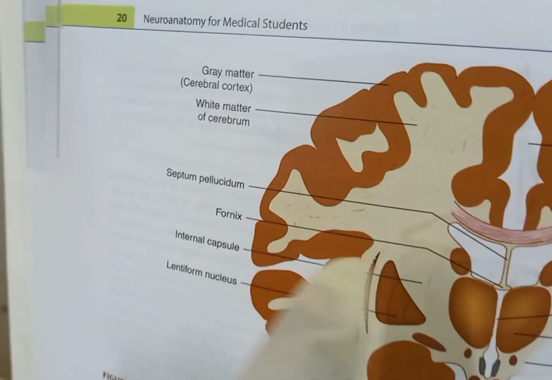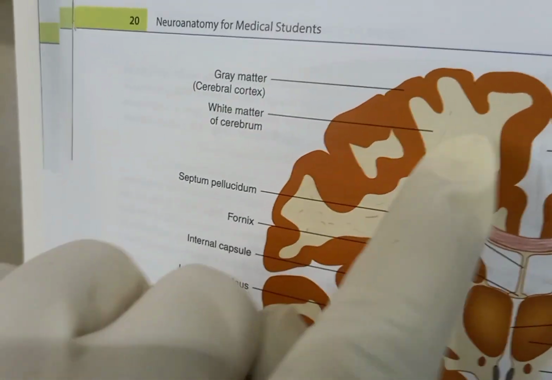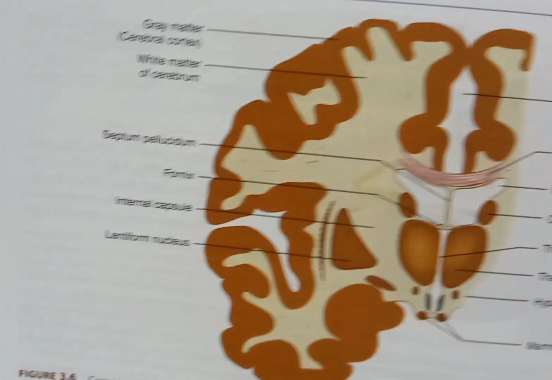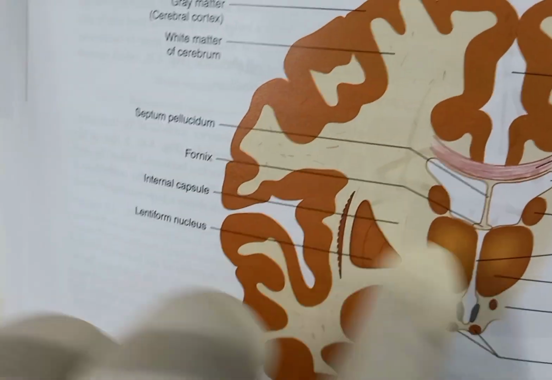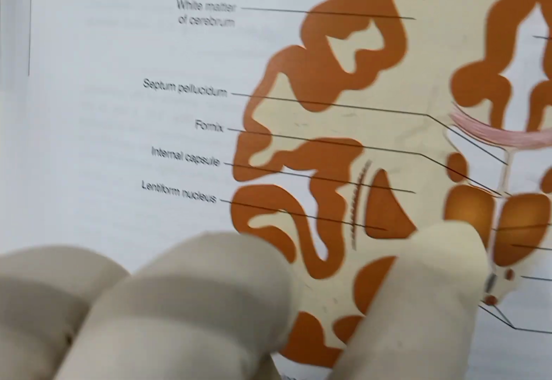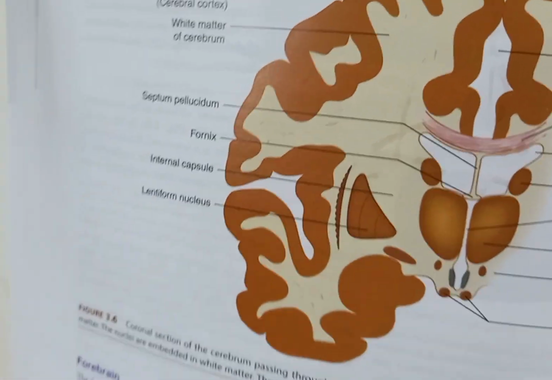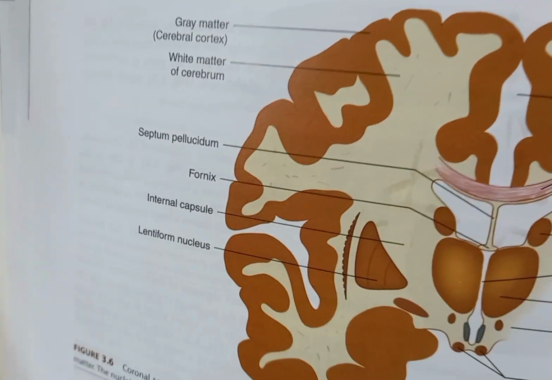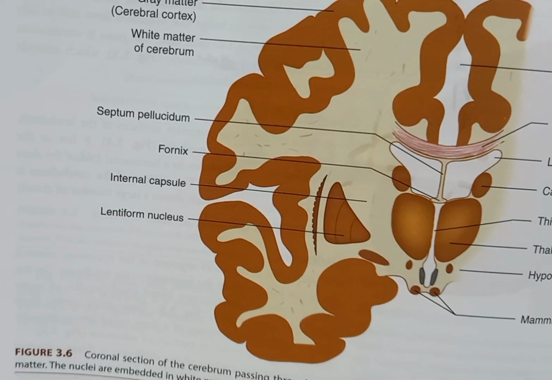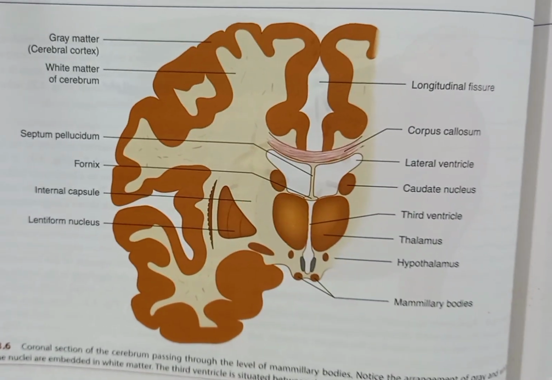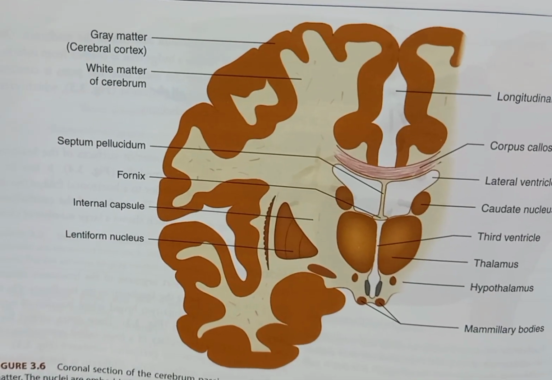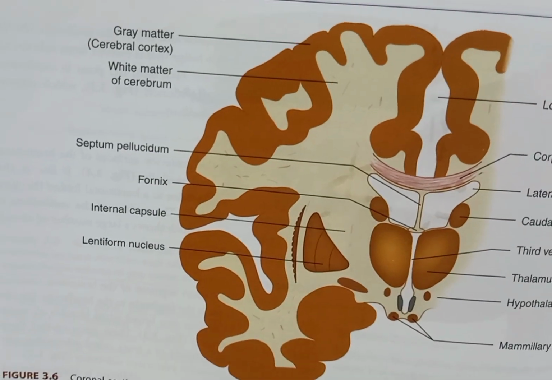This gray matter is here on the surface, which is a collection of neurons, and deep to this cortex is the white matter, and within the white matter there are some gray matter. This collection of gray matter within the white matter is called the nuclei or basal nuclei, for example, the caudate nucleus, the thalamus, the lentiform nucleus, like that.